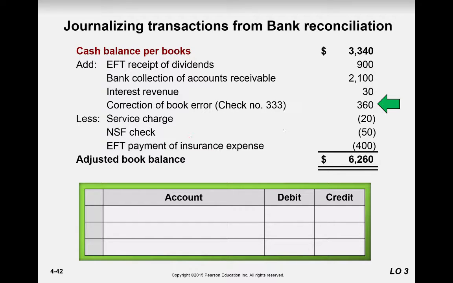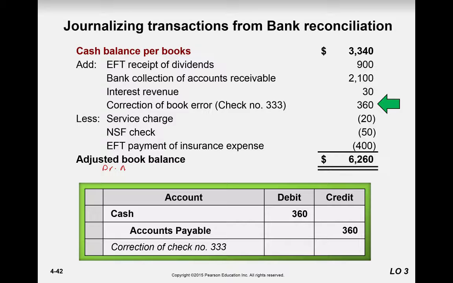Now we have this correction of our error. So we're going to add 360 because in this particular instance, we said that we wrote a check for 510. So when we initially wrote it, we debited accounts. So in this case, we are doing the opposite of what we did.